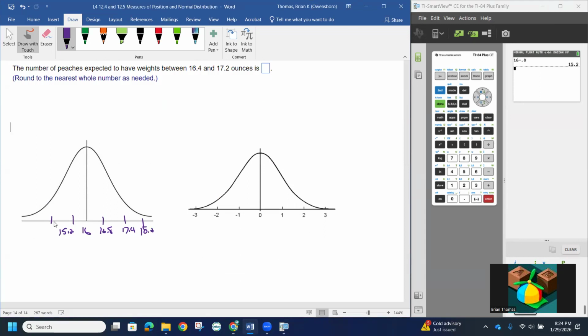Then 15.2 minus 0.8, 14.4, and minus 0.8 gives me 13.6.